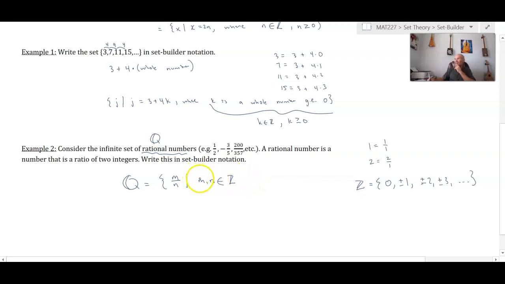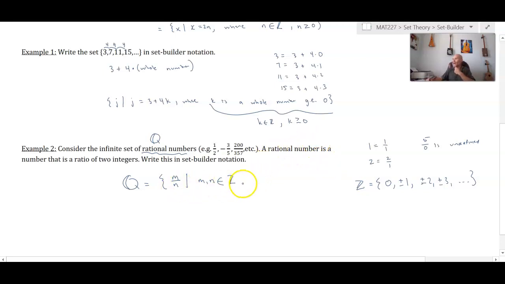So since they can be any integers, I also have to be careful about the 0 because I can't divide by 0. And by the way, 5 divided by 0, let's say, is undefined. So it's not a number, and we just said that a rational number is a number. Undefined is not a number.